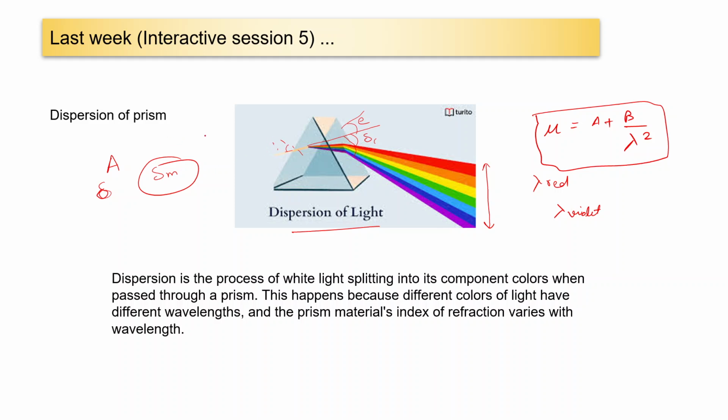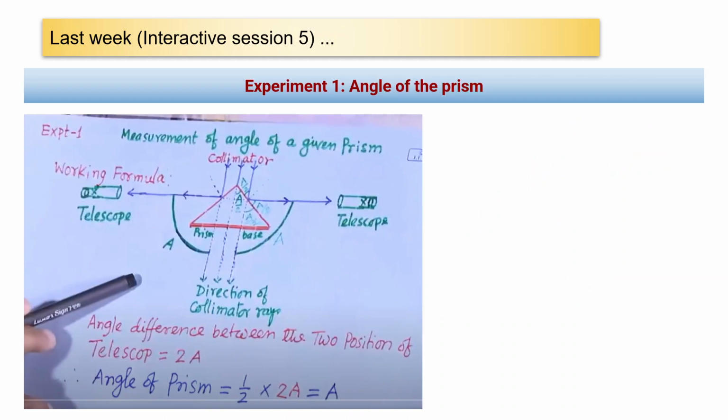It means the angle of incidence for which the angle of emergence is equal gives us the angle of minimum deviation. If I move the incidence angle to less or more than that particular angle, then the deviation will increase. So that is the particular angle at which the deviation is the least, so we call it the angle of minimum deviation.